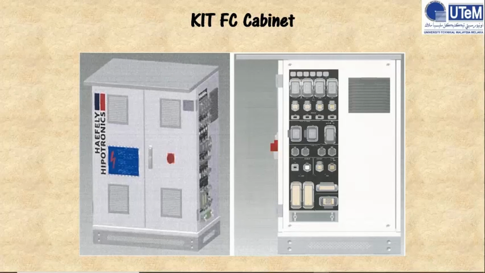In the power block terminal, there are two sections: the bottom connection and the top connection.